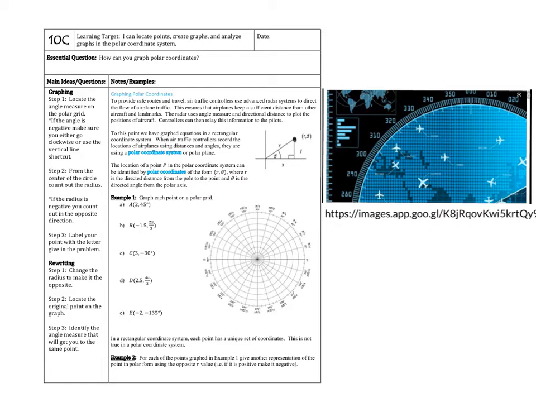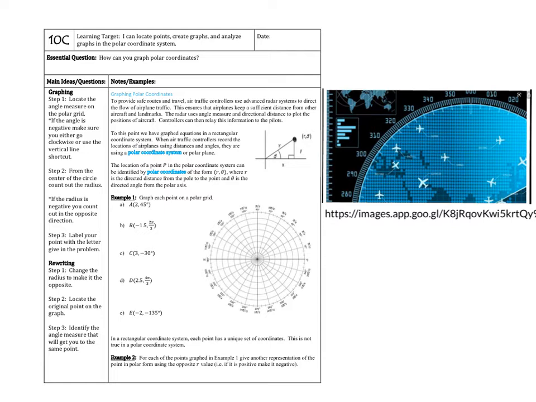We're going to be looking at what's called polar coordinates. And polar coordinates are used in several things, but the one that always comes to my mind is air traffic controllers. So I have a little picture for you so you can get a kind of a visual. On their screen, when they're keeping track of all their airplanes, they're using what's called the polar coordinate system.